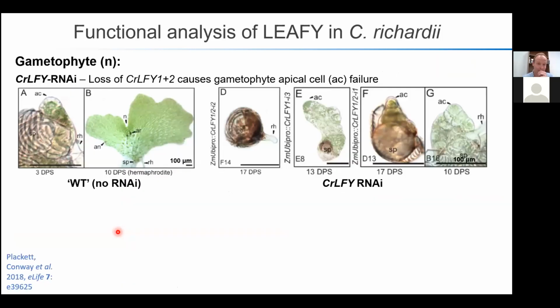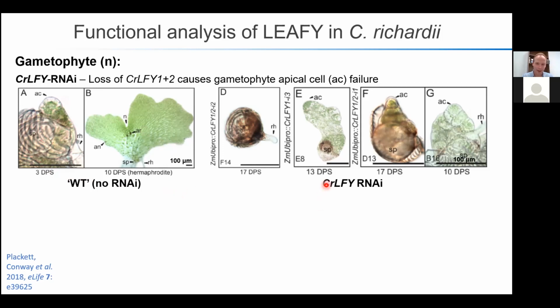And similar to moss, we also found a function for LEAFY in the gametophyte phase. So as I mentioned at the start, a haploid spore will germinate and produce a thallus structure very much like this after about 10 days or so. So this is our wild type example.